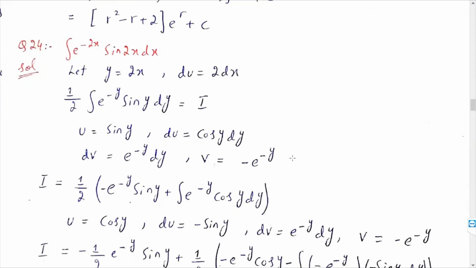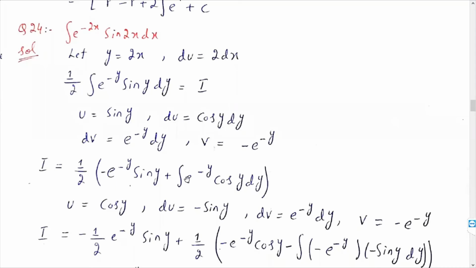Now substituting the values in the formula of integration by parts, I get this expression. I equals to 1 by 2 into u into v minus integral v into du. So minus minus becomes positive. So this is the expression.